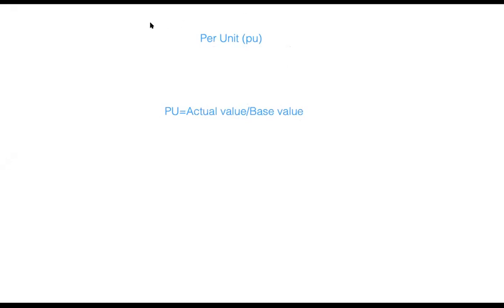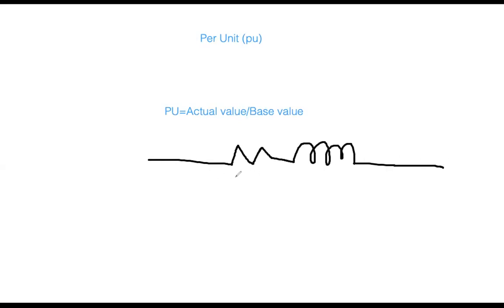Then, for example, you have a line, and this is R and this is L. In the line, this is 300 ohm and this is, for example, 500 ohm.